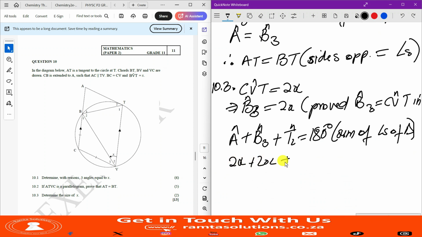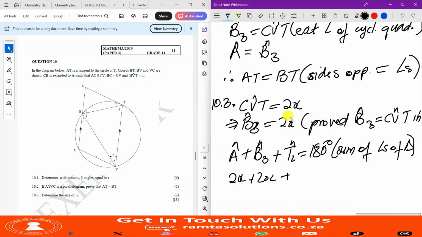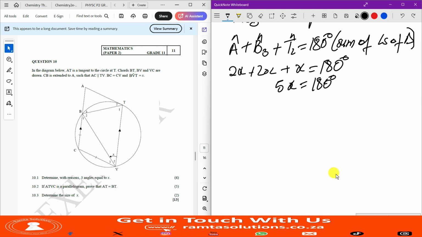What is T2? In 10.1, we said it is equal to x. So 5x equals 180 degrees, so x equals 36 degrees. You see, we were able to finish this in less than 13 minutes.